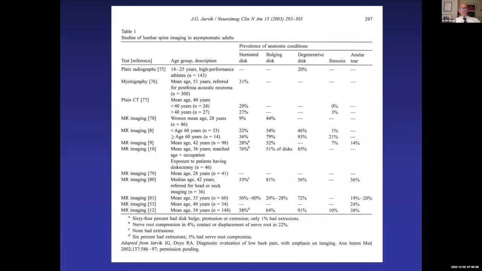These are all studies using plain films, myelograms, MRs, CAT scans of subjects who had no back pain, asymptomatic adults. And look at the incidence of herniated discs, bulging discs, degenerated discs in these people who had no back pain. That tells you that when you see changes on the imaging study, it doesn't mean that the patient is symptomatic. You can't go backwards and say, okay, there's a disc herniation, this patient must be symptomatic. You just can't do that.